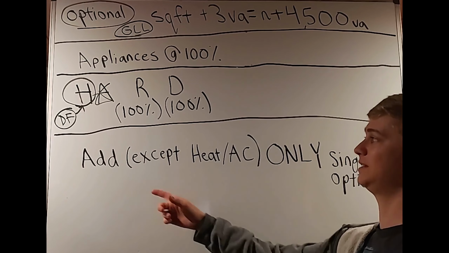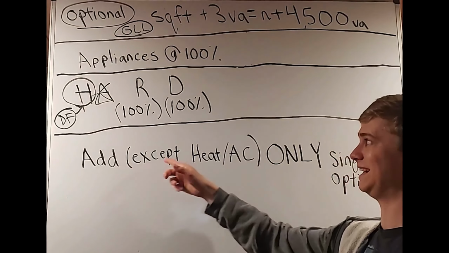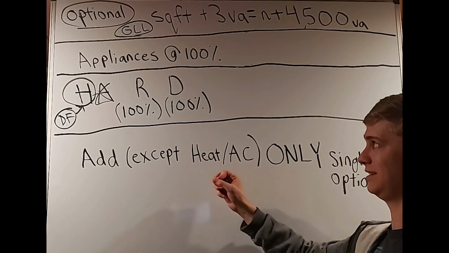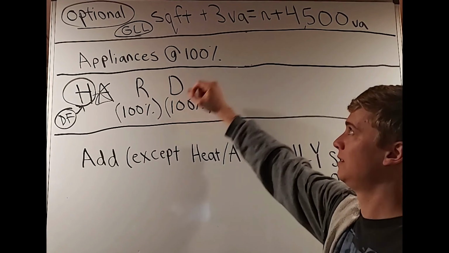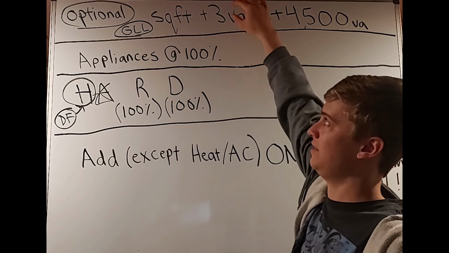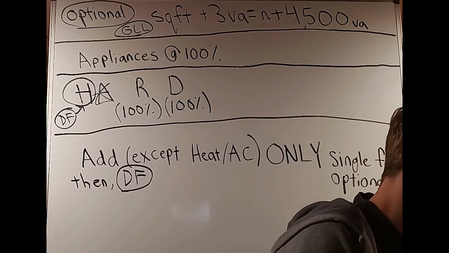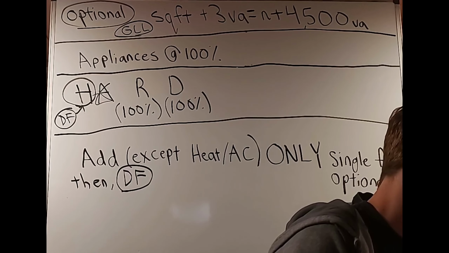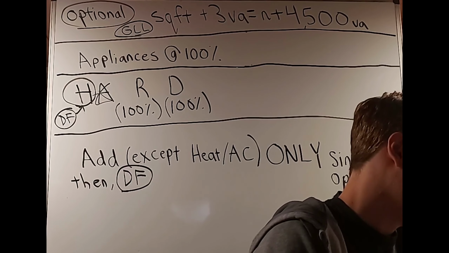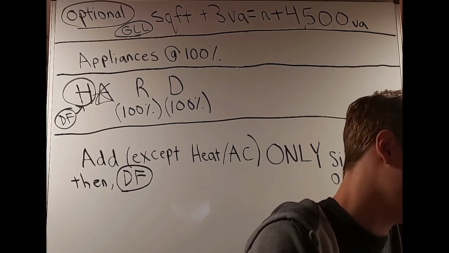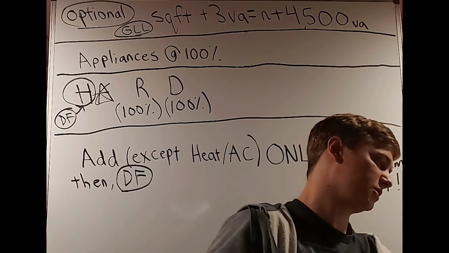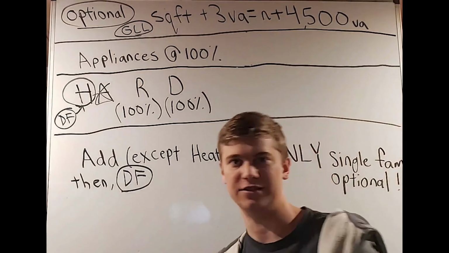What we're doing is adding everything except heat and AC. We're going to leave heat and AC by itself, but we're going to add the appliances and the general lighting load. Then we have a demand factor, and that is 220.82(B). We see the first 10 kilovolt amps is at 100%, and the remainder is at 40%, and you, of course, add those two together.